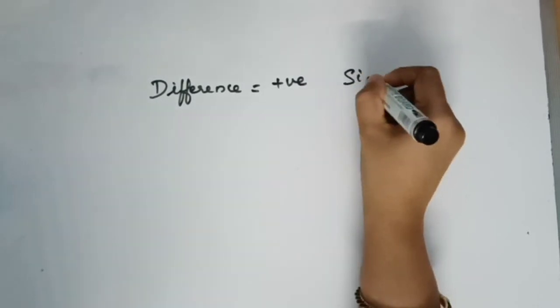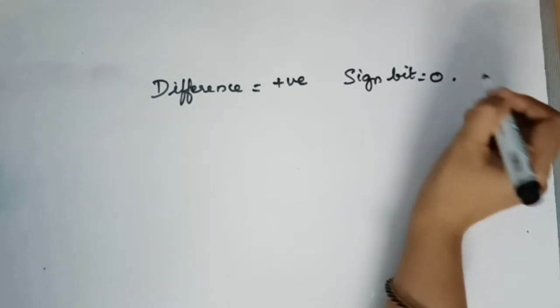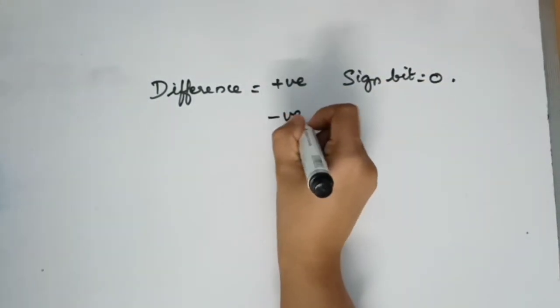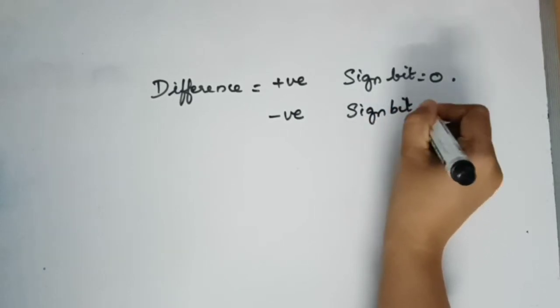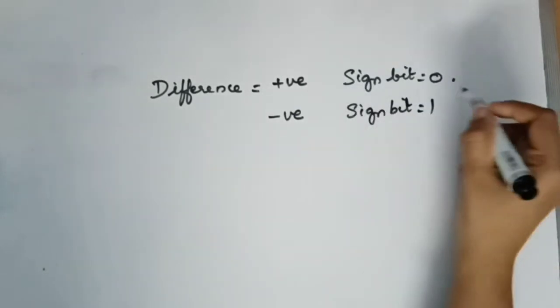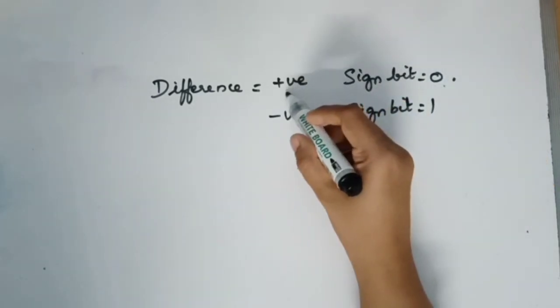Because the sign bit is 0, and it is negative if the sign bit is 1. So if the sign bit is 0, the value is positive.